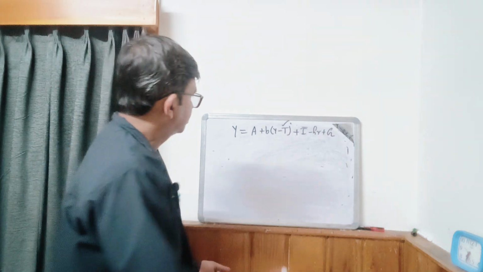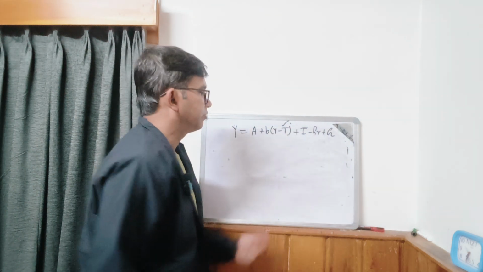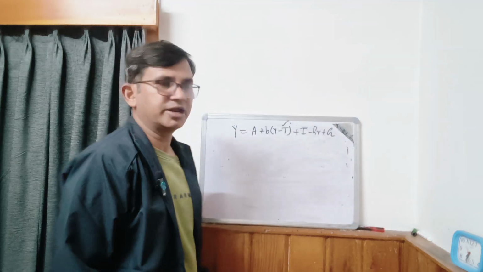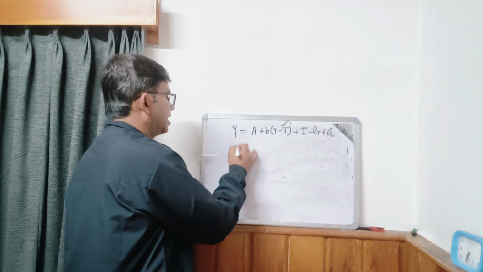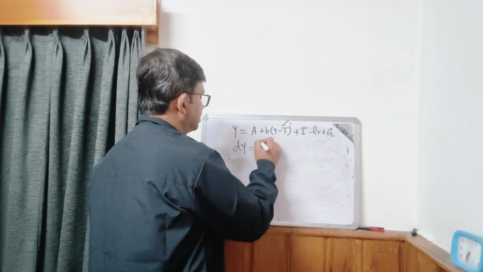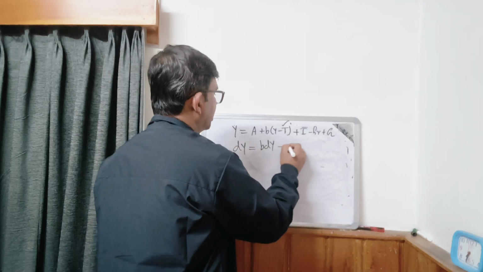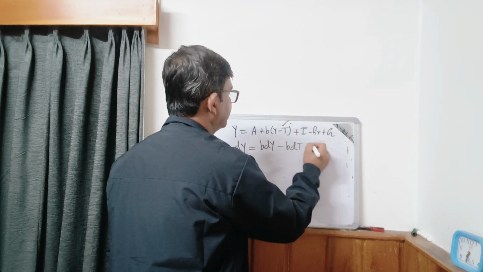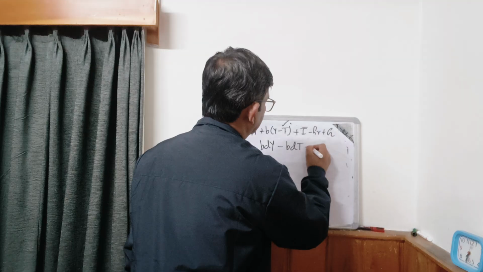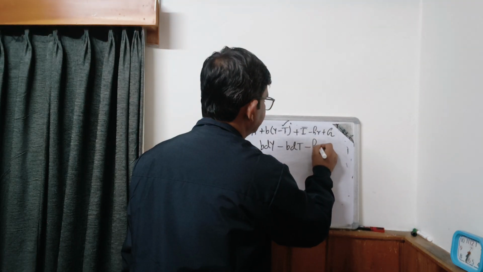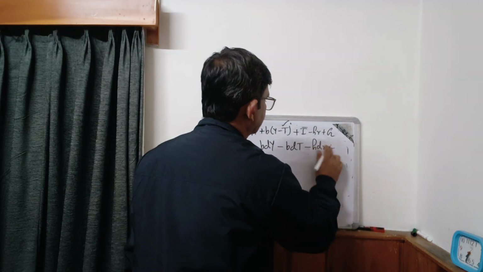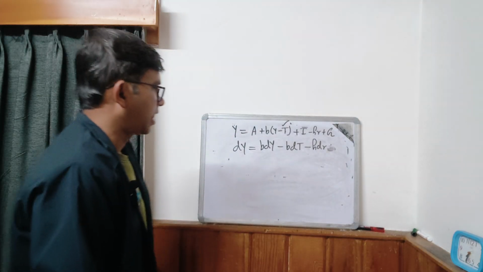So now what will we see? Y, T and r will be variable here. So we can write here dY equals b dY minus b dT minus h dr, and it will be 0.